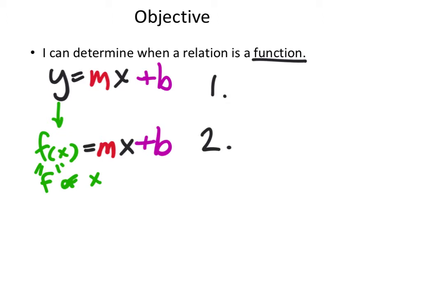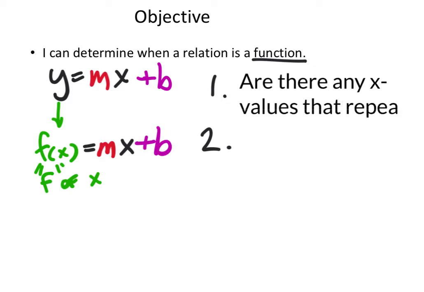So are there any x values that repeat? All right, so that's our first question here. Are there any x values that repeat? If the answer is no, then it's a function.